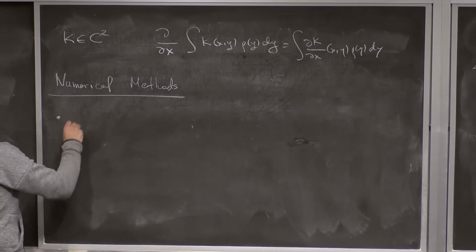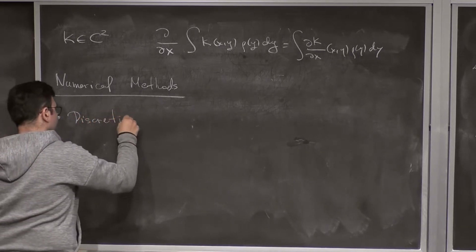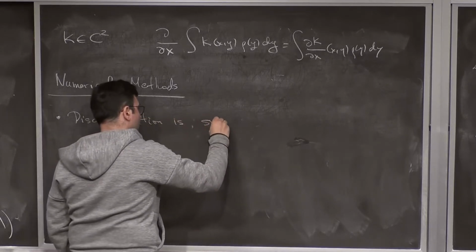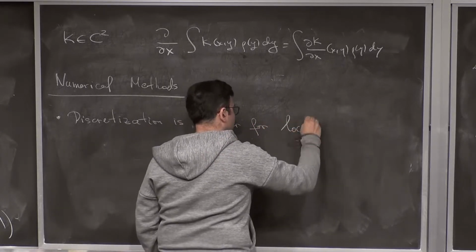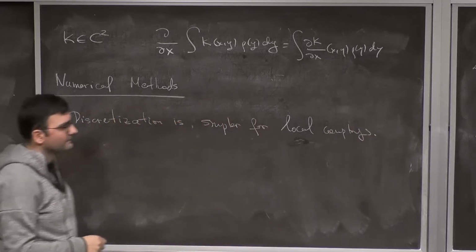So discretization is simpler for local couplings.